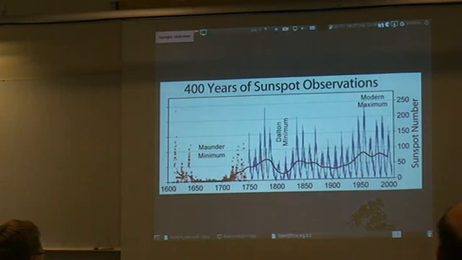And then we can also see that we have a bigger modulation like this, that we are in the so-called modern maximum here. And then we also find this Maunder minimum during the reign of Louis XIV, the Sun King. And we would like to have a model that captures all these features, and hopefully see if that actually is useful to go into the future.